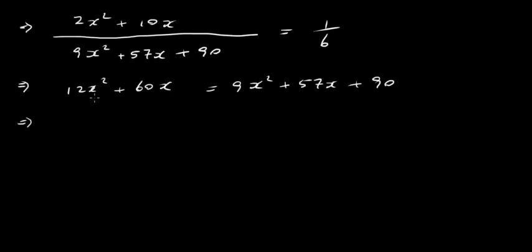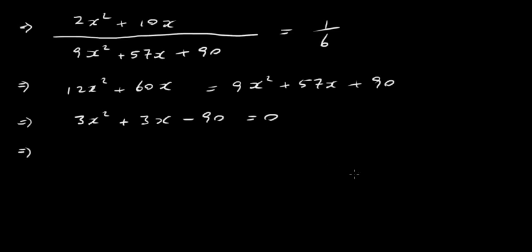Let's simplify this. This is a quadratic, so I'm going to bring everything over to one side. Subtract 9x squared from both sides, you get 3x squared. You've got 60x minus the 57x, so that's plus 3x, and then minus 90.